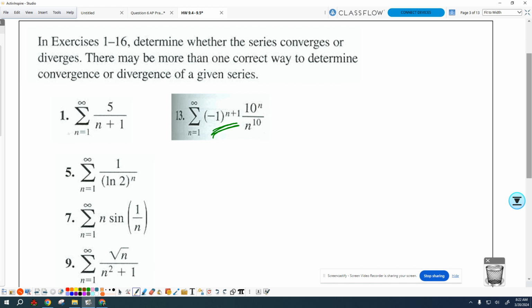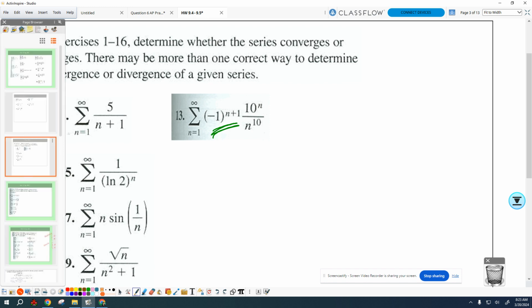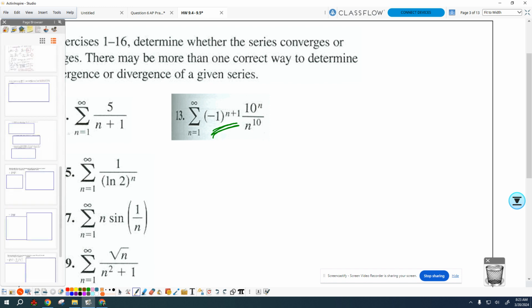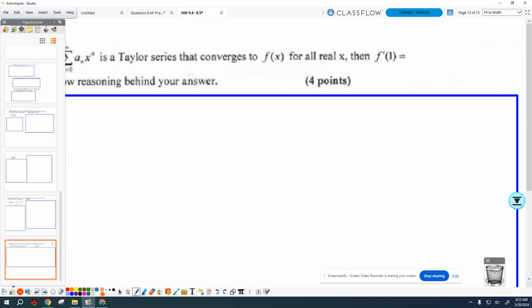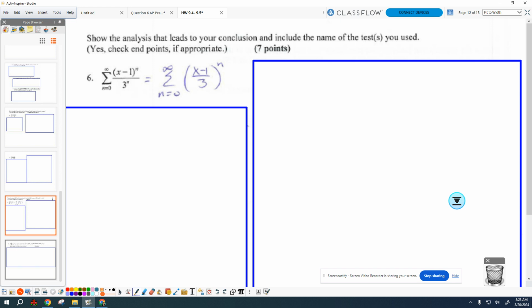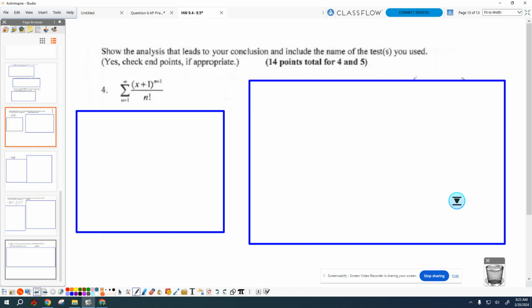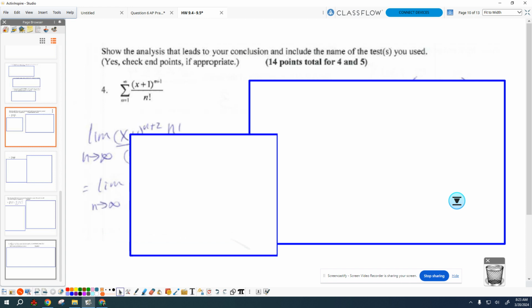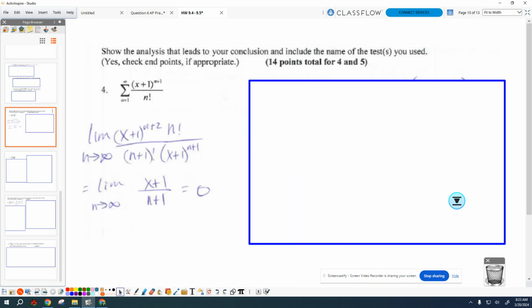This is unrelated to this, but on the sample test there was a problem asking if it was converging or diverging. It was number 4. I did the ratio test to keep going, but then I got to a point where the limit as n approaches infinity is x plus 1 over n plus 1.